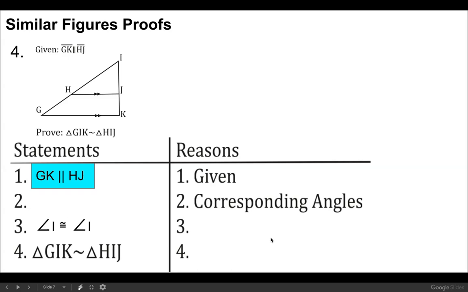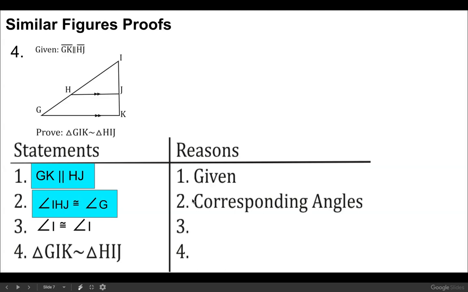We now see we have corresponding angles, so we need to look for some of those corresponding angles. To recall corresponding angles, we can say that angle IHJ, this angle here, corresponds to angle G, this angle here. Because those are corresponding angles, that gives us one pair of angles that are congruent.